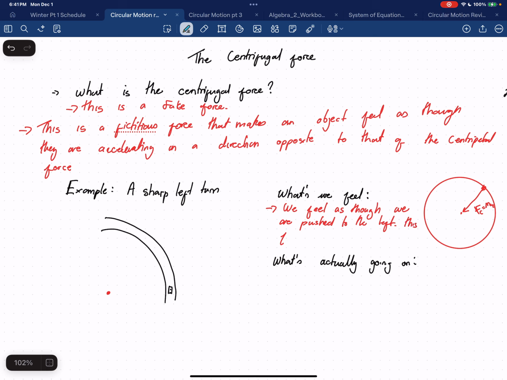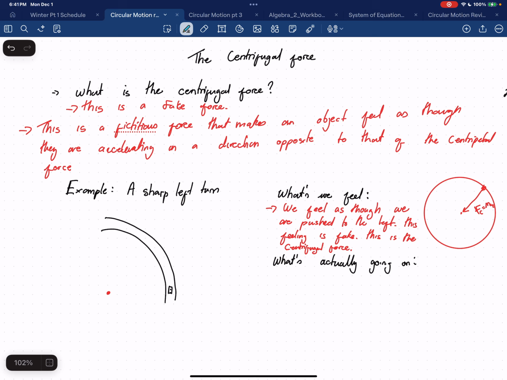This feeling is fake. This is the centrifugal force, and it's not what's actually going on, but it's a fake push.